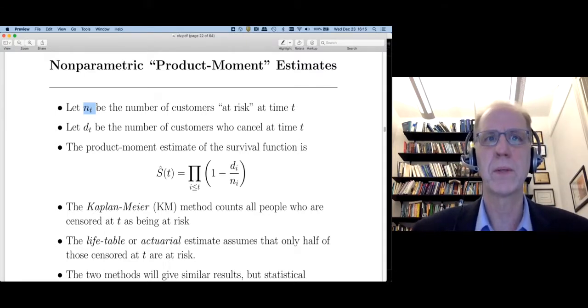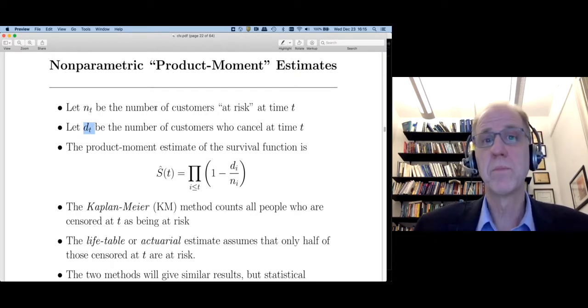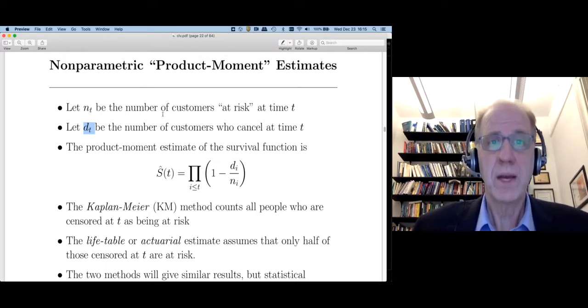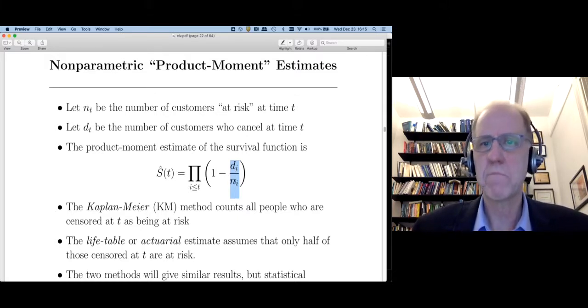D sub t is the number of customers who cancel at time t. If I take the number of cancels and divide by the number of coin flips, I have a really simple way to estimate the hazard at time t. So this ratio is just the simple estimate of the fraction of customers who cancel at time i.